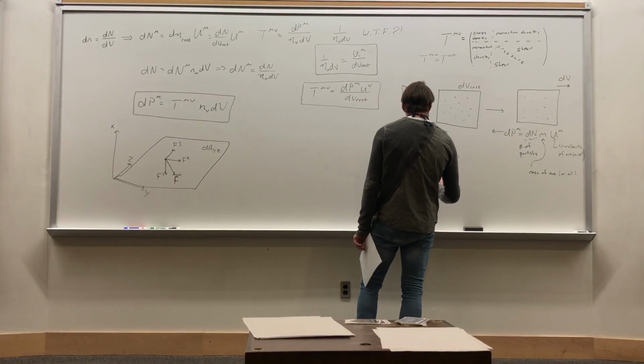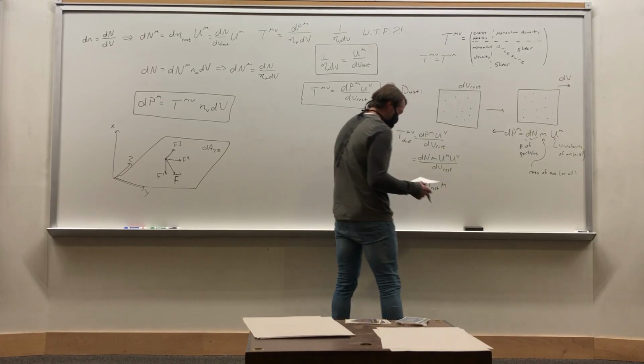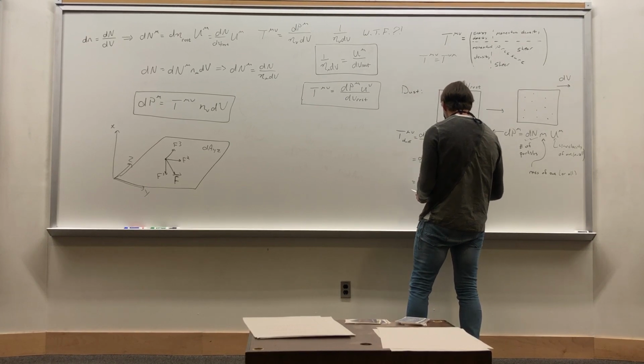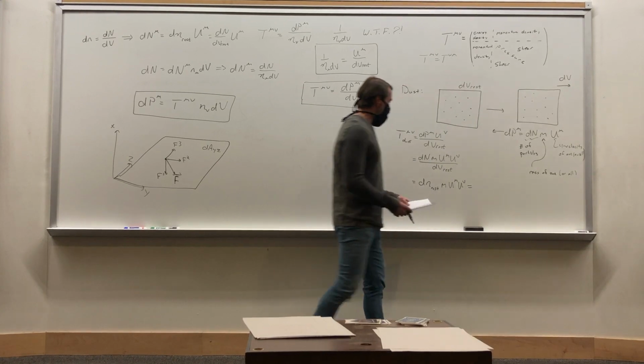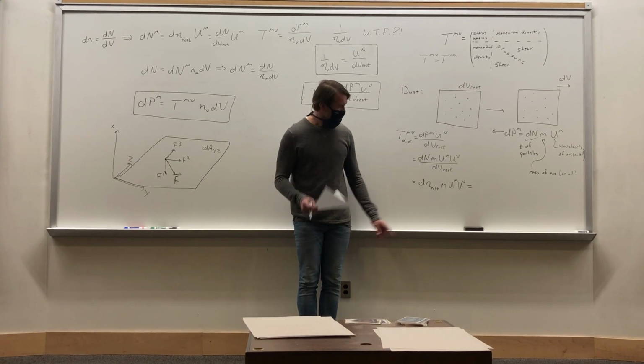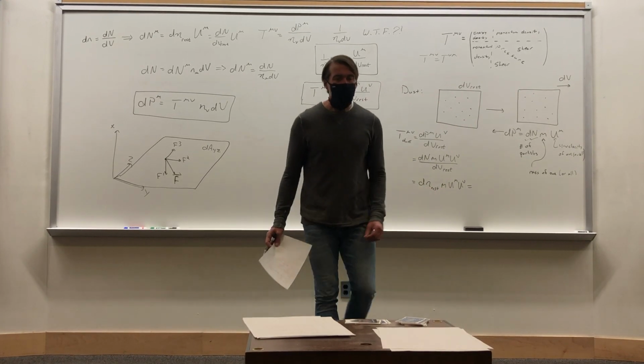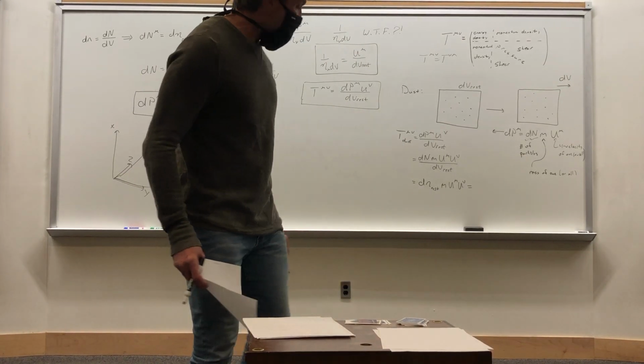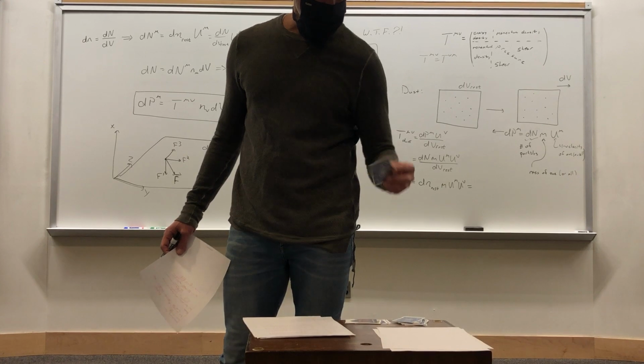Okay, so we have dn rest times the mass times u mu. Can anyone give me an interpretation of what dn rest times mass is?